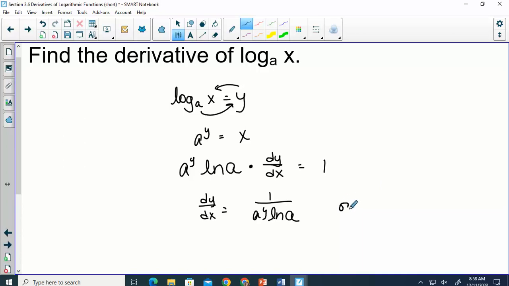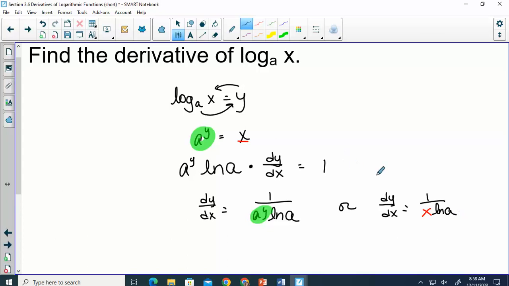Or we could rewrite this. a to the y is equal to what? x. So we could write 1 over x natural log of a.